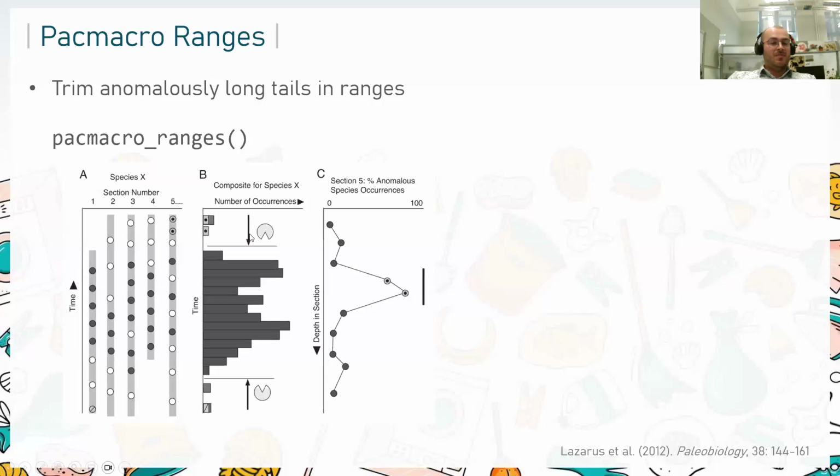And so their solution to this, hence why it's called Pac-Man, was to trim from the top and from the bottom of the core using this little Pac-Man sort of face here. And the way they implemented it was to do just a straight sort of thresholding. We will remove the top 2.5 and bottom 2.5% of that occurrence distribution as suspect.